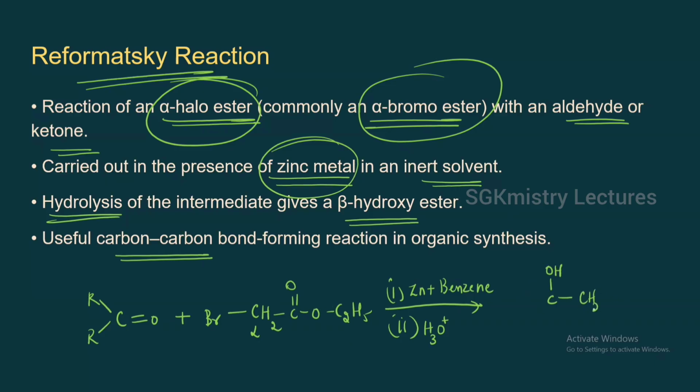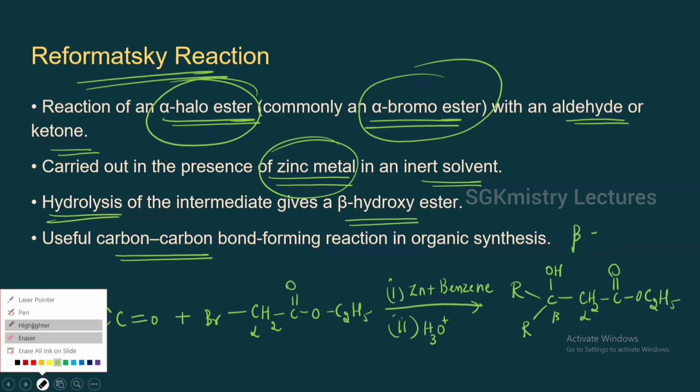So CH2, COO, C2H5. This is the alpha carbon. This is the beta carbon. So there should be hydrogen, the hydroxyl group. The R groups will be attached here. So this is nothing but beta hydroxy ester.